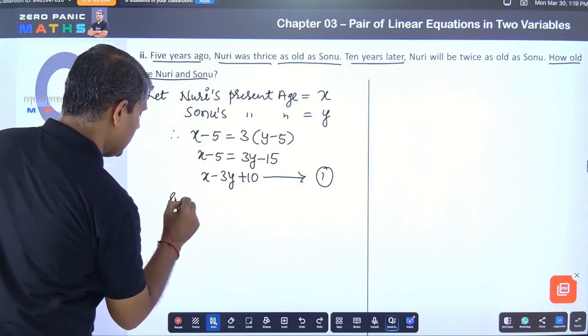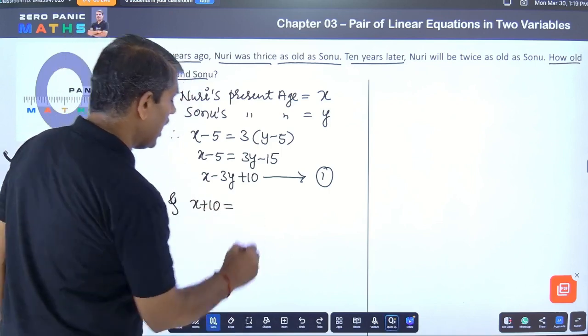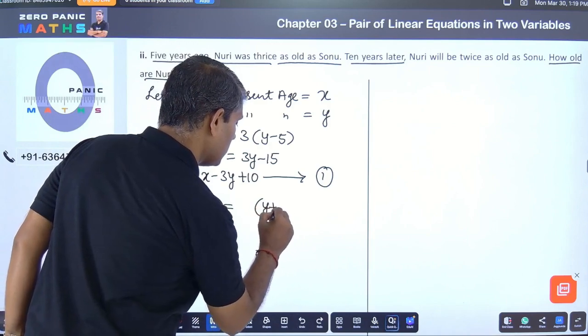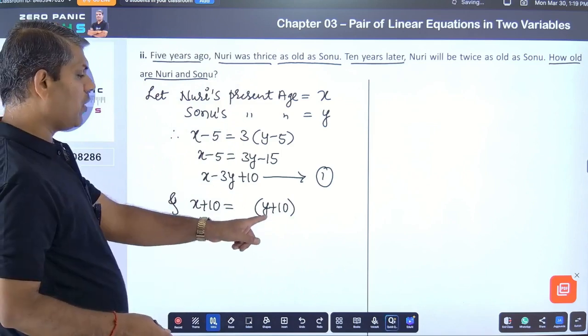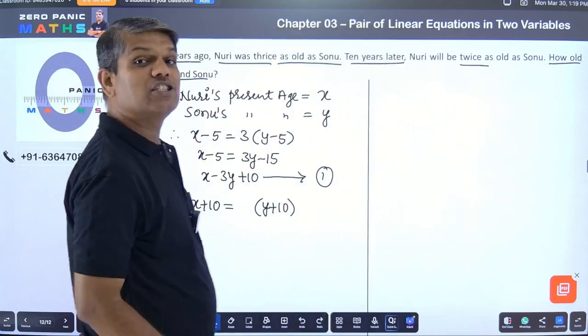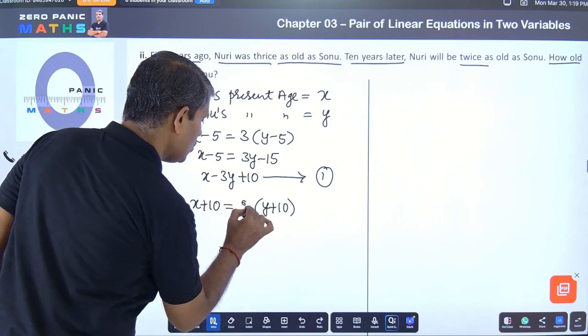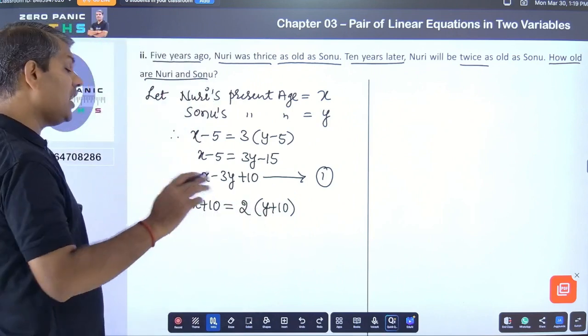And y plus 10, because Sonu after 10 years will be y plus 10. And what is the multiplication? Twice. Sonu's age multiplied by 2 will be the age of Noori after 10 years.